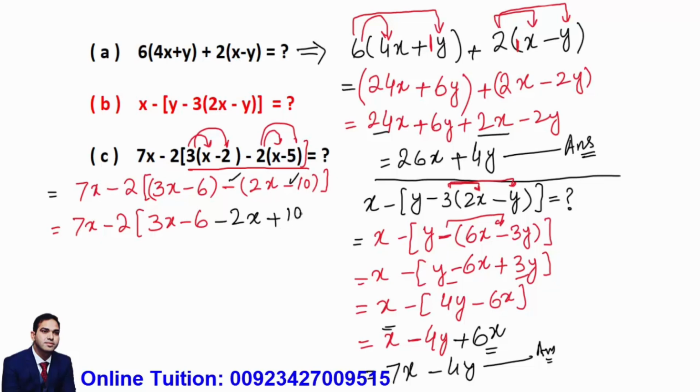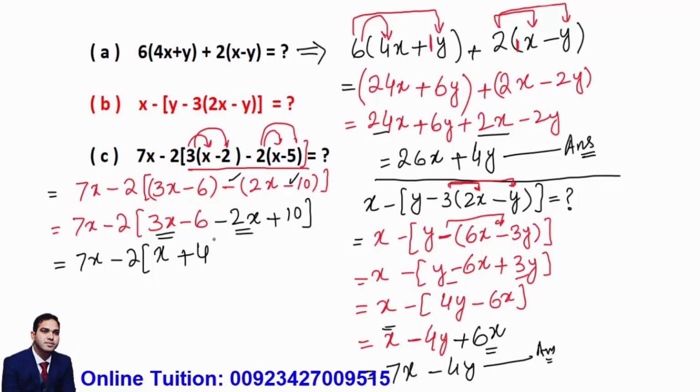Okay, now this is 7x negative 2, now separate x values, this is 3x and this is negative 2x, 3x negative 2x is equal to x. Now plus 4, because this is negative 6, this is positive 10, their difference is 4, but the sign will be positive because 10 is greater than 6.